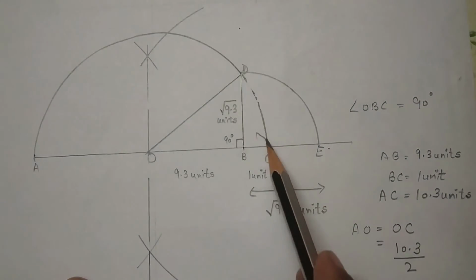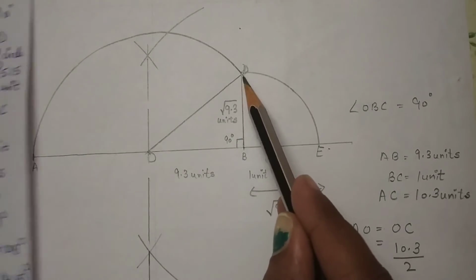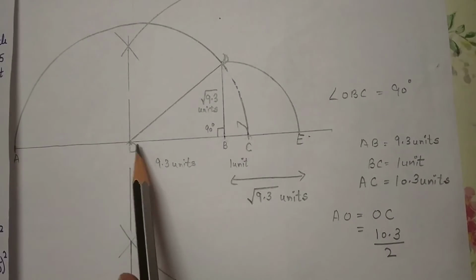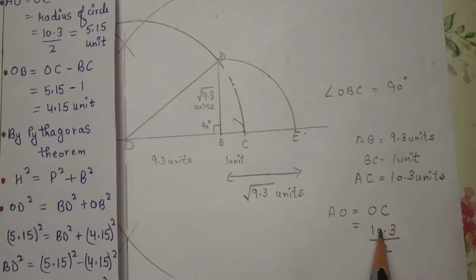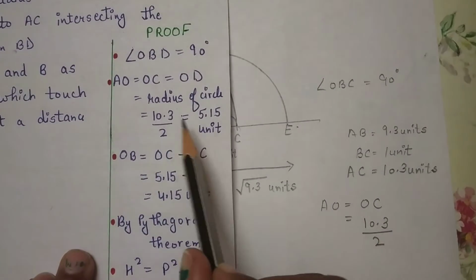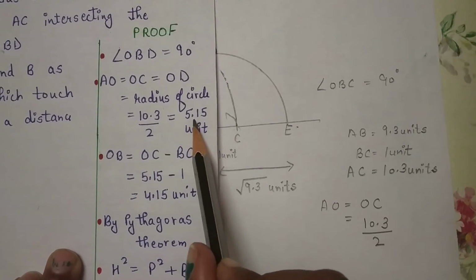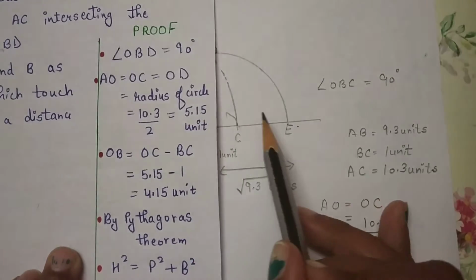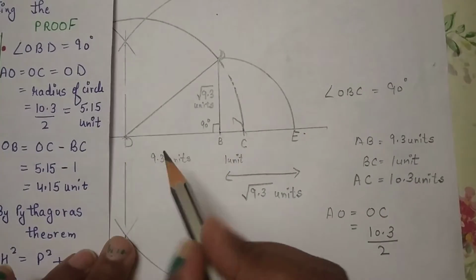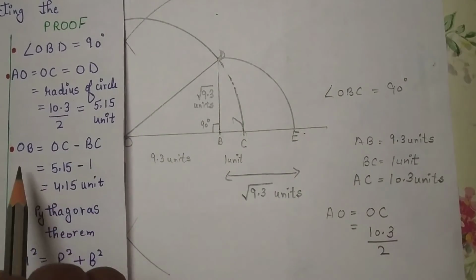We have shown that the radius is half of 10.3. So taking the radius, 10.3 divided by 2 is equal to 5.15 units. I have got OC, right? OC is 5.15 units.